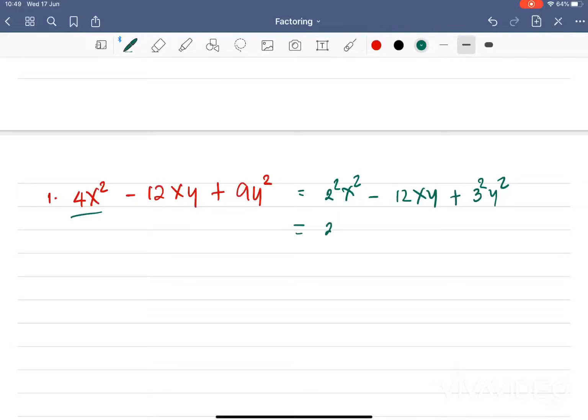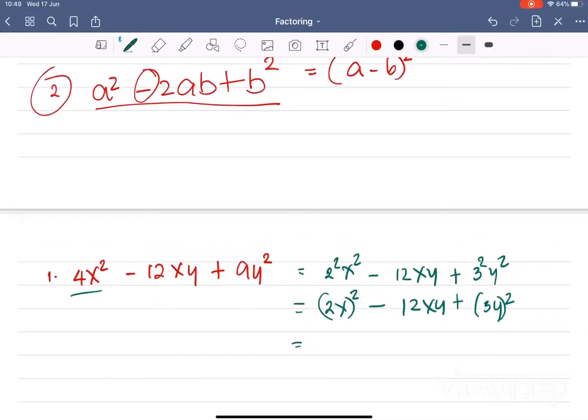So we will have now 2x quantity squared, copy minus, we copy 12xy, and then this can be expressed as 3y squared. So we will break the middle term because we have the constant 2. We know that from the formula, we have minus and we have 2 constant there.